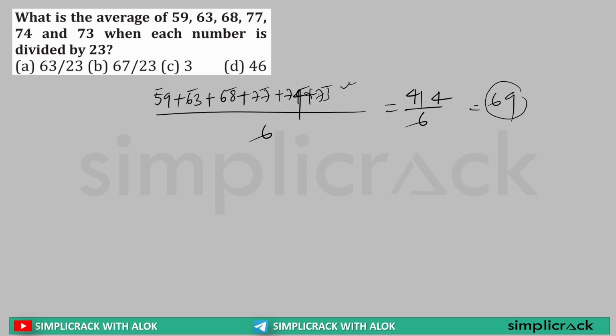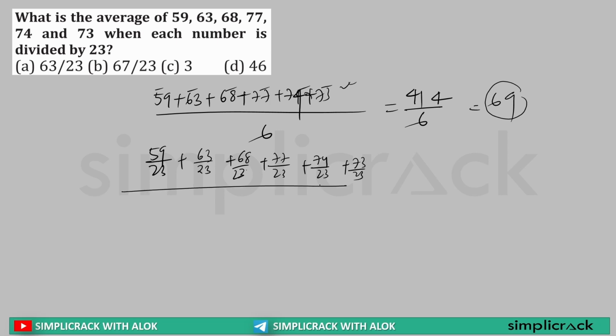The average of all these. So if I have to find the average of 59 by 23 plus 63 by 23 plus 68 by 23 plus 77 by 23 plus 74 by 23 plus 73 by 23, divided by 6, what will it be? Sir, it will simply be 69 by 23 because it is n by x. So, sir, 69 by 23 is equal to 3. So the answer is option C.